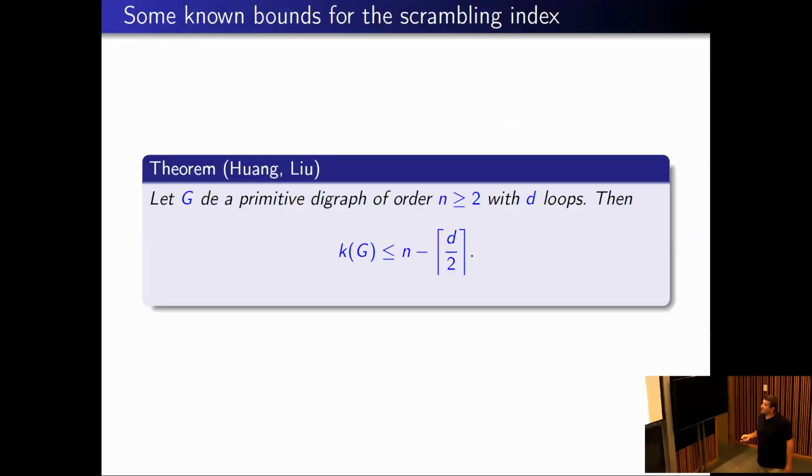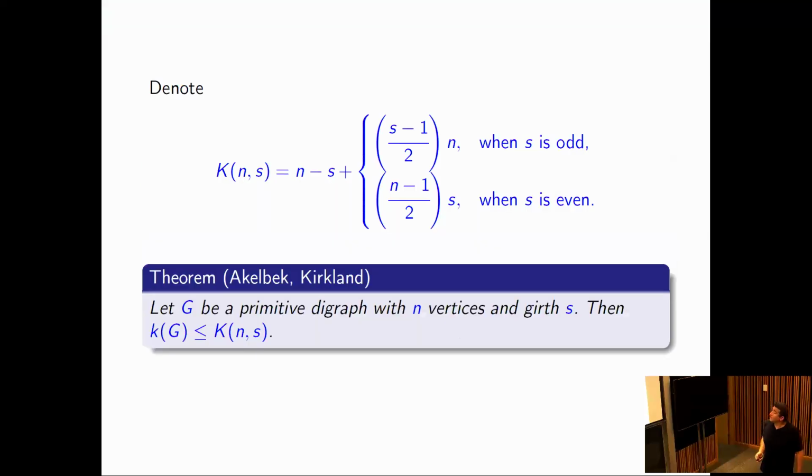There are other results, for example, for a primitive graph with a certain number of loops, you have bounds of this form. There is a result including the length of the minimal cycle, again due to Akelbeck and Kirkland. And the bound is given by this function in 2 parameters.